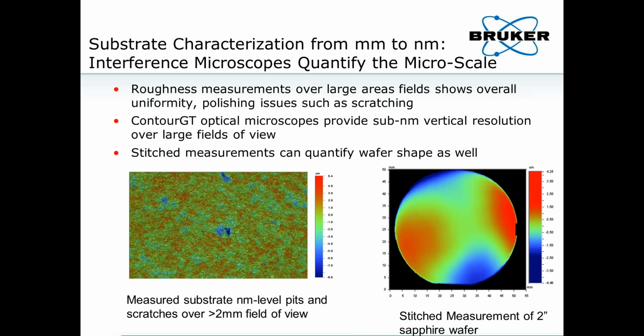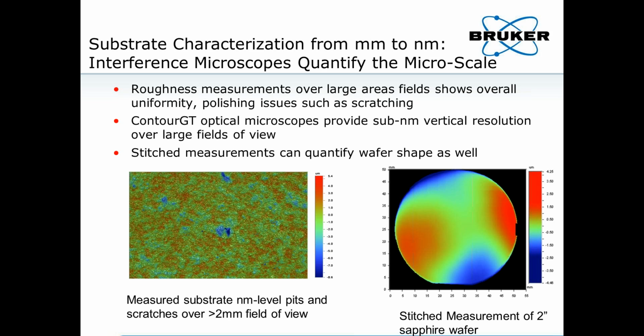The 3D optical microscopes can quantify roughness over a large field of view, but at the nanometer level for accuracy. The Contour GT optical microscope can provide sub-nanometer vertical resolution over large fields of view, such as you see on the left-hand side of this panel.